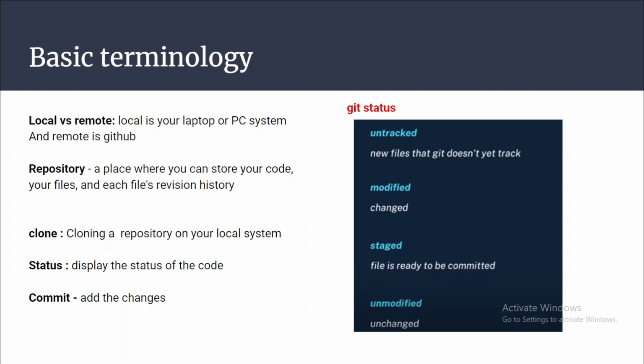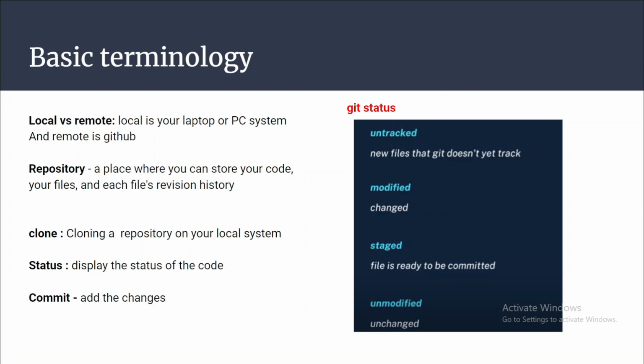Repository is basically a place where you can store your code, files, each file version, data, everything. In simple terms, you can consider it an entire complete folder structure, and that is what we call a repository. The term clone means you are cloning the entire repo onto your local system, like making a clone copy of the entire structure or folder.